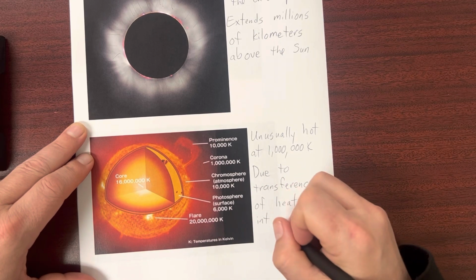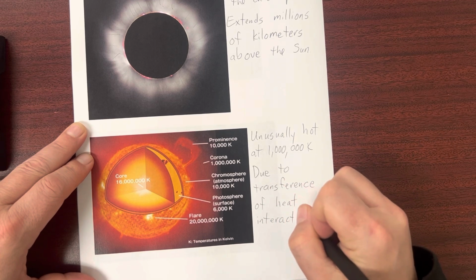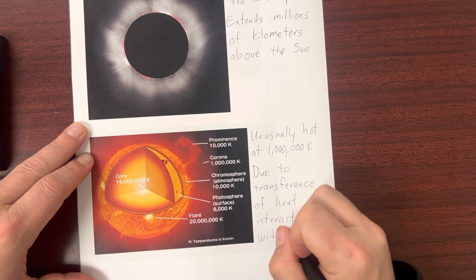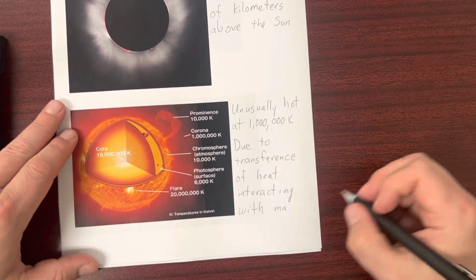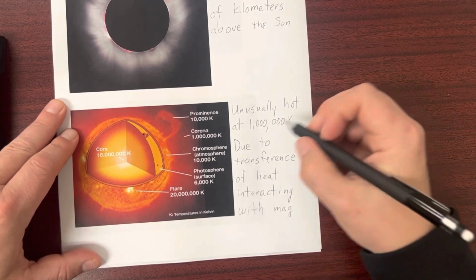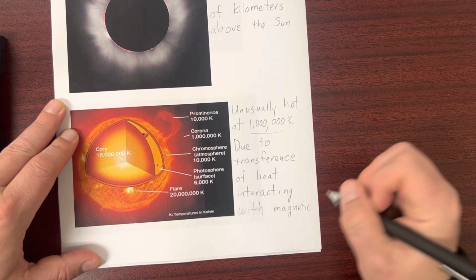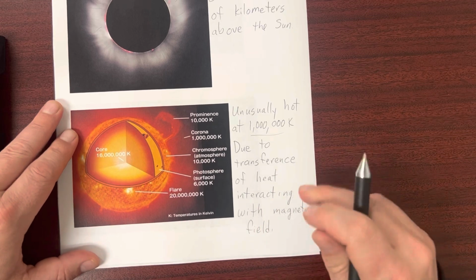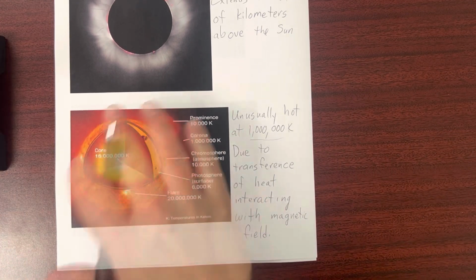And the sun's magnetic field is very wild and erratic and twisted. And there's something going on there with that interaction that's causing this really high temperature. Again, this is still something that is being studied. The answers are not all in, and it's an area of active research.